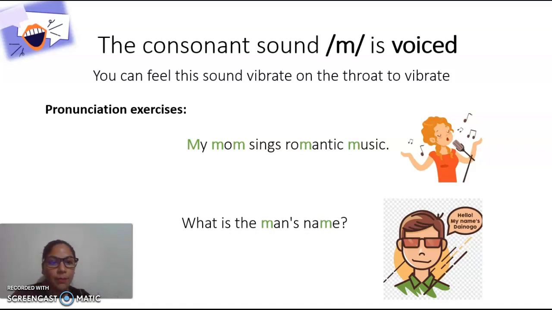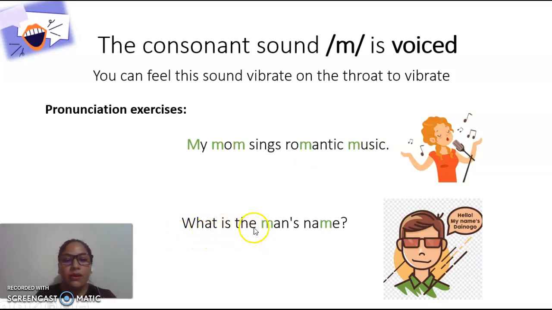Okay, I have 2 exercises. Listen to me, please. My mom sings romantic music. Okay, again. My mom sings romantic music. Okay, it's better. Second exercise.